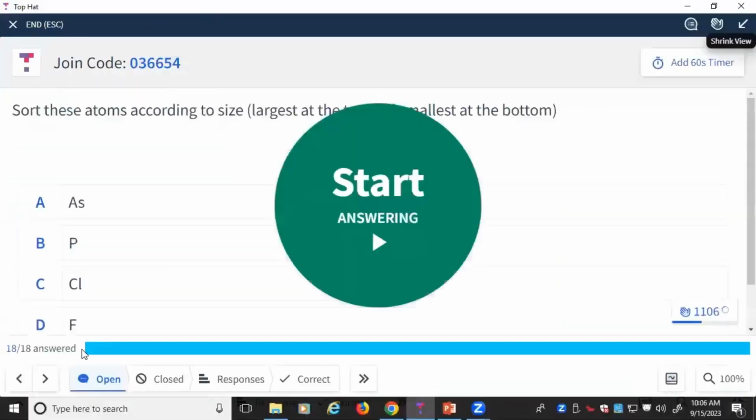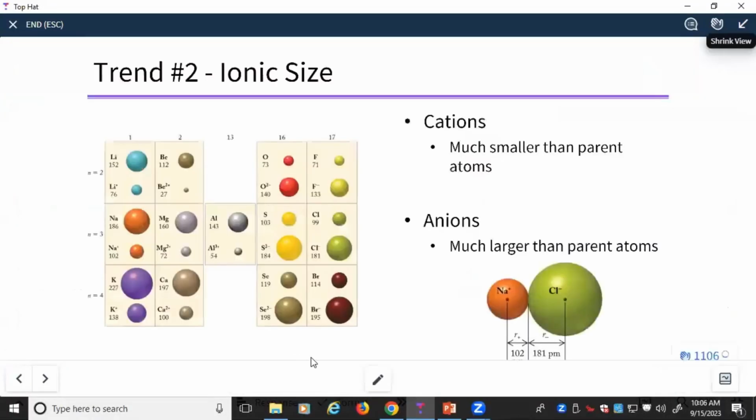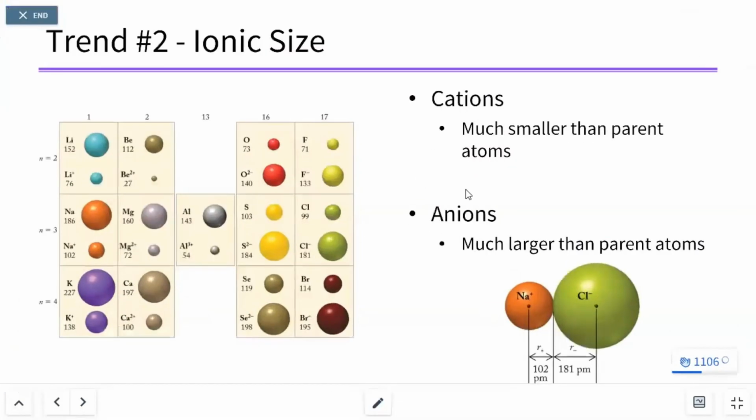So what we want to focus on in this stage is ionic size. This is the next trend that we're interested in. And when it comes to ionic size, there are two divergent pathways that we look at. First of all, we want to do comparisons of ions to the atoms that they came from.